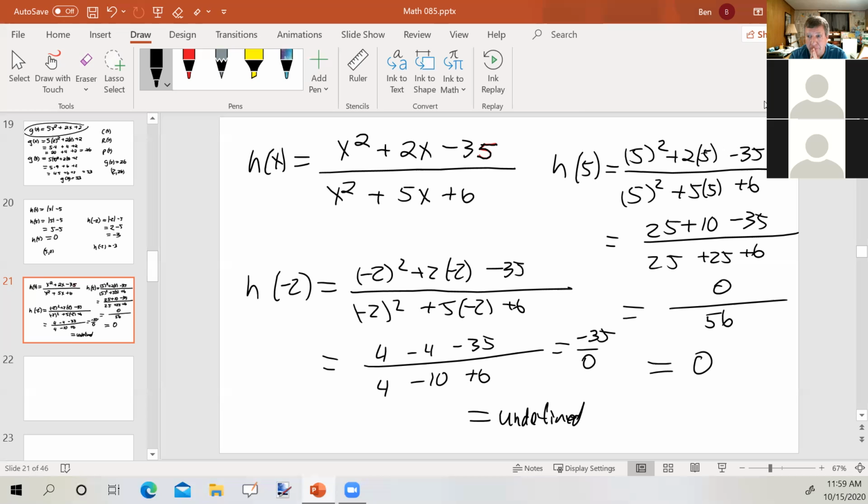Okay. So how would we find the real range value? By finding the values that don't work and throw them out. So like for h of 5, it was 0, right?